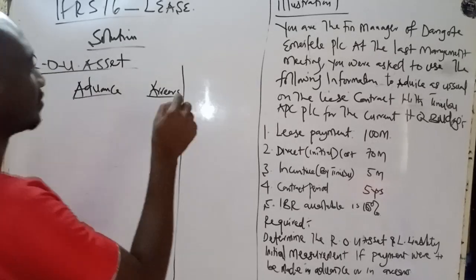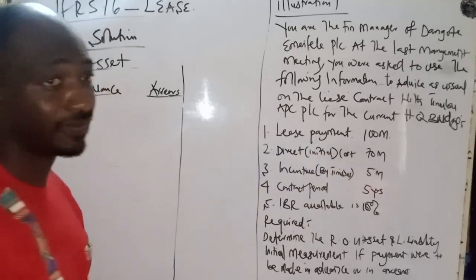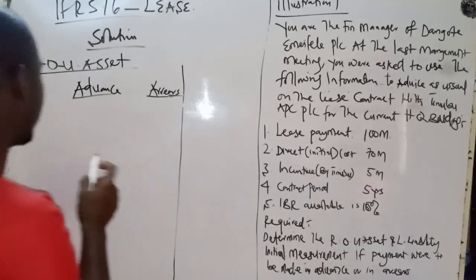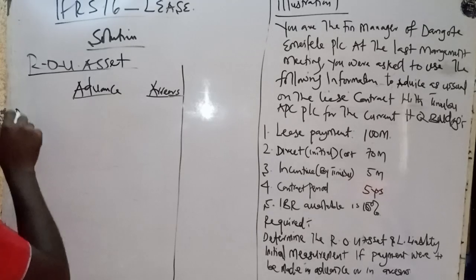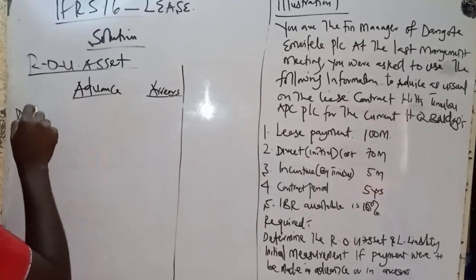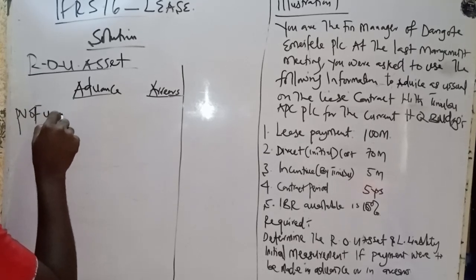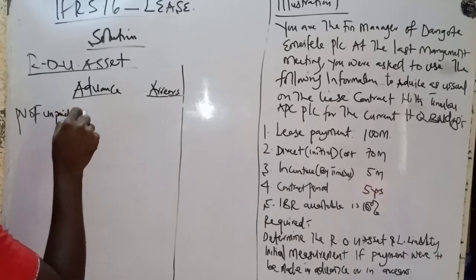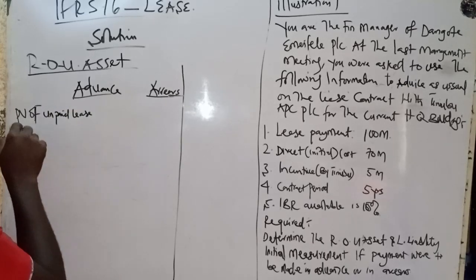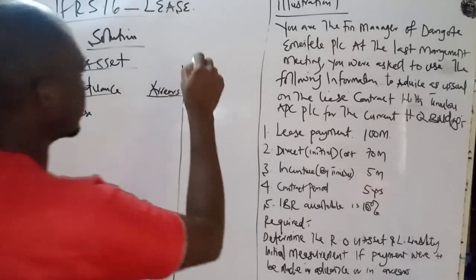So let's do our workings first, because we need to get the present value of the lease payment first, because that's the first item that we need here. The first item is the present value of lease payment or unpaid lease payment. So now let's go to workings 1.